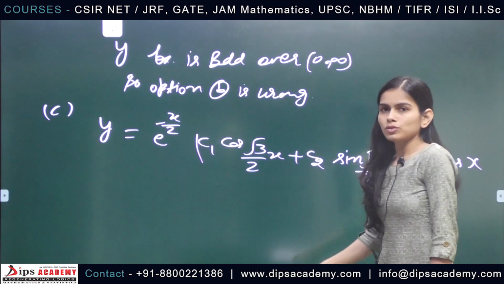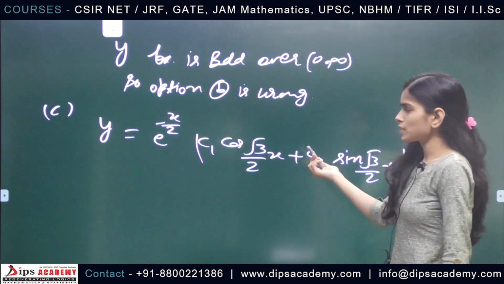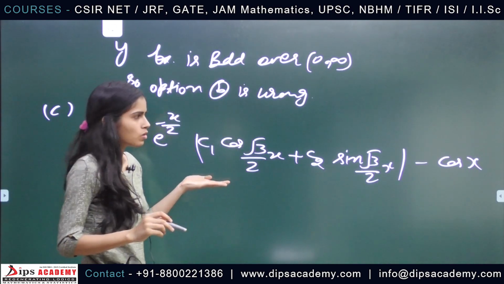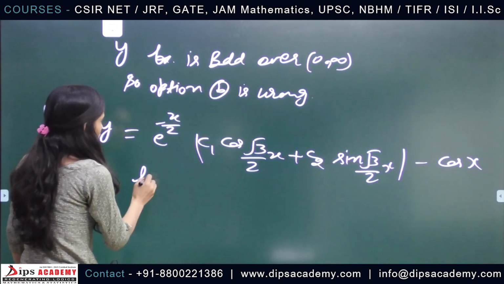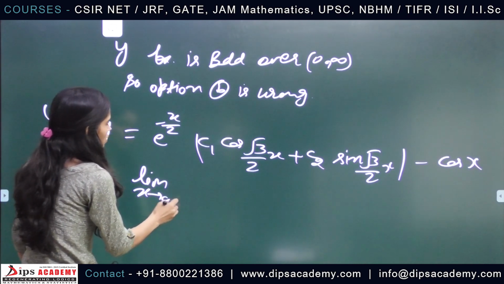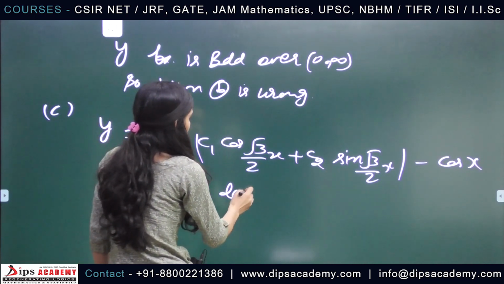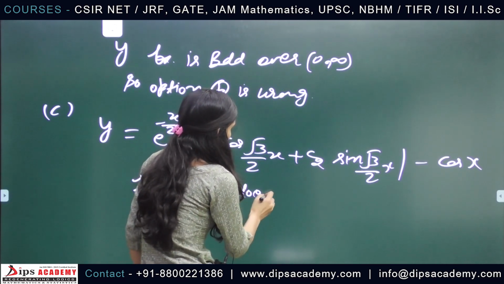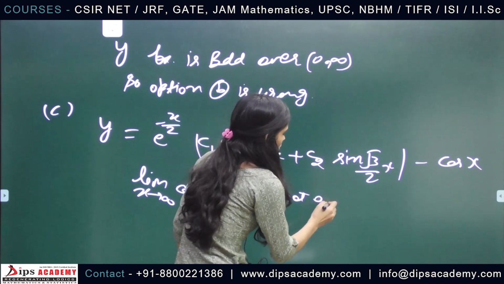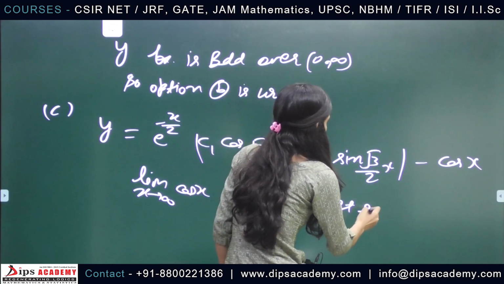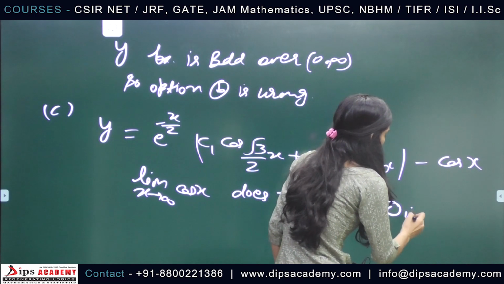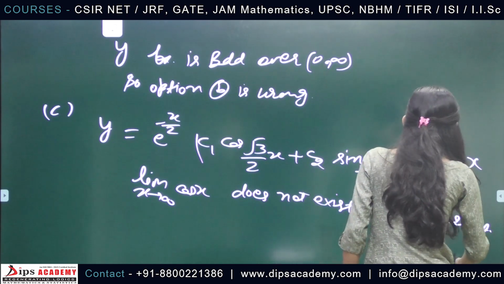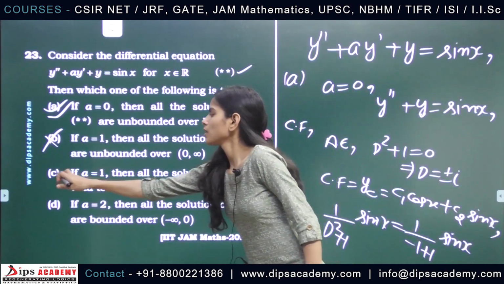When x tends to infinity, the first term tends to 0, but the limit of cos x as x tends to infinity doesn't exist. So option C is incorrect.